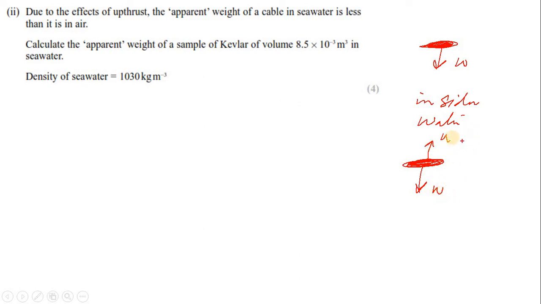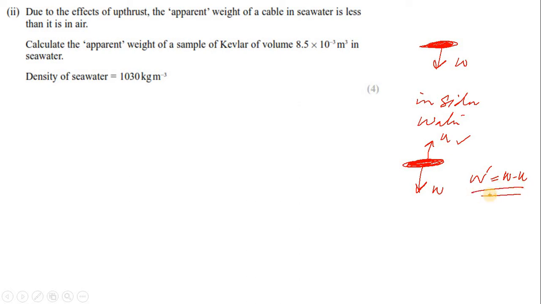So due to upthrust, some amount of weight is cancelled or balanced, and the rest of the weight is experienced there. So we have some apparent weight due to this upthrust. So this apparent weight W dash, just a symbol, will be equal to W minus U.